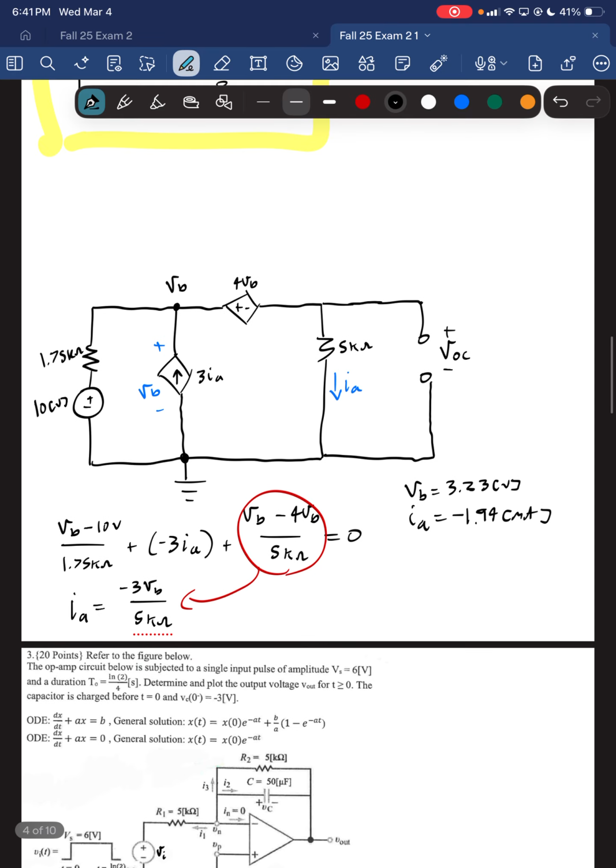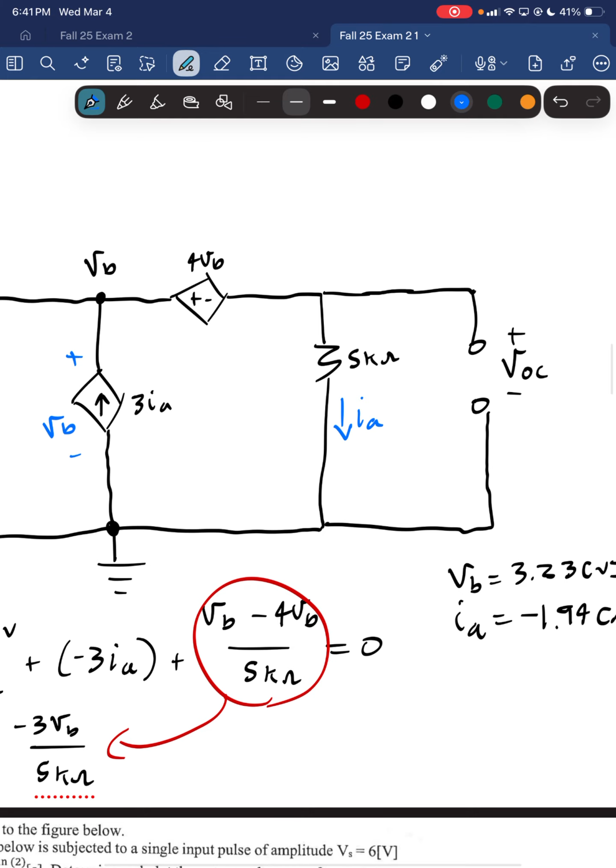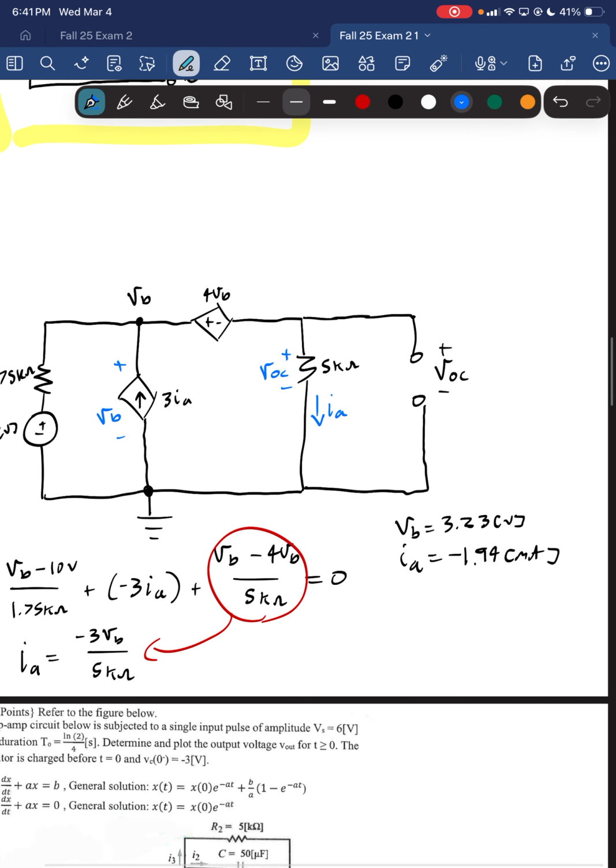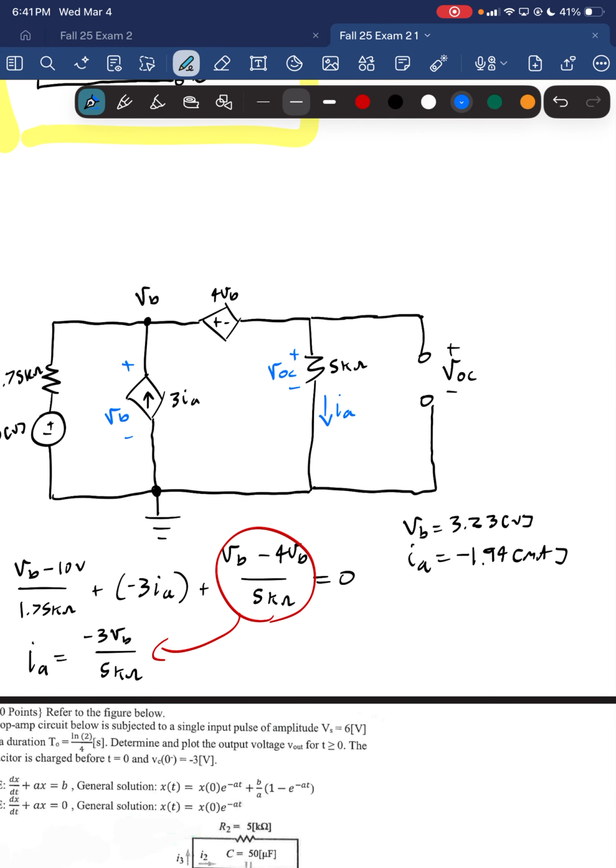And VOC can also be observed to be the same voltage as the voltage across that 5 kilo ohm resistor, right?